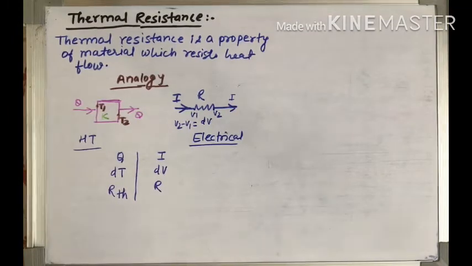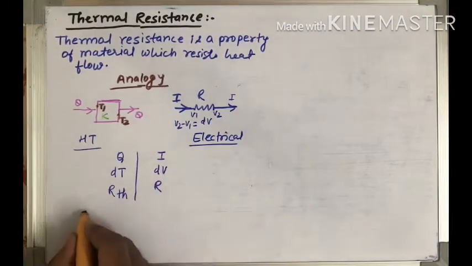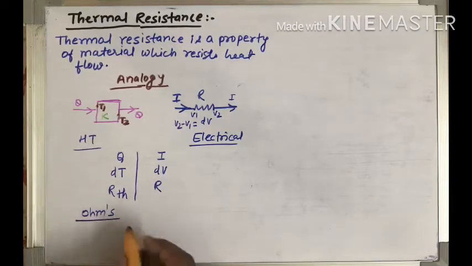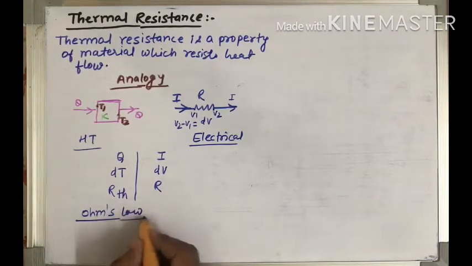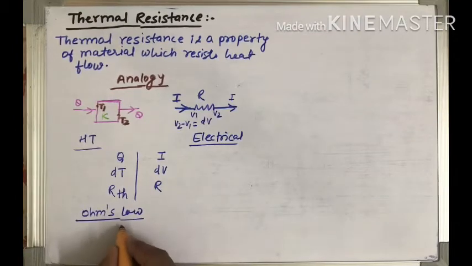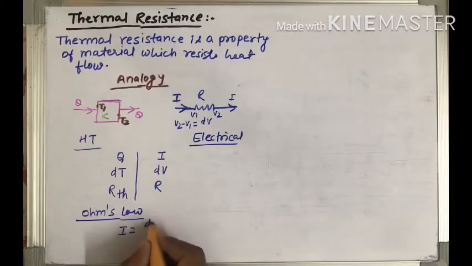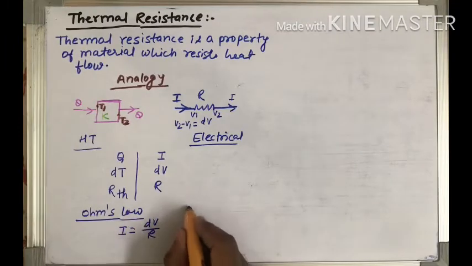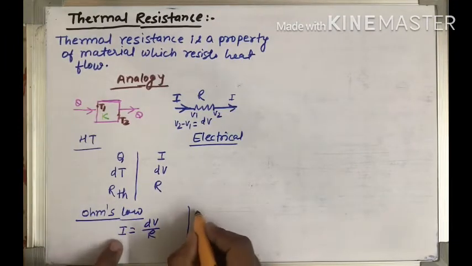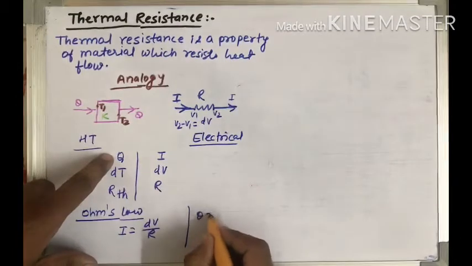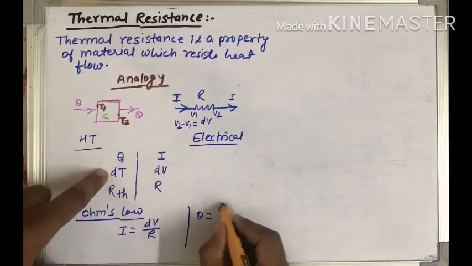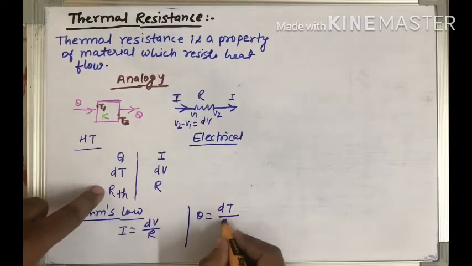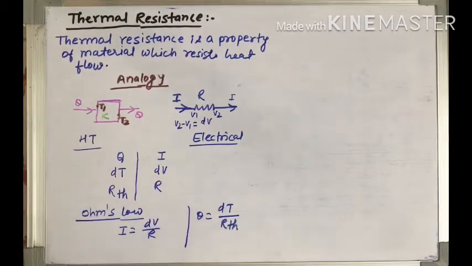Now from a very basic equation of electrical, Ohm's law, we know that I is equal to dV by R. If we want to compare, we can change I to Q, dV to dT, and R to the thermal resistance RTH.